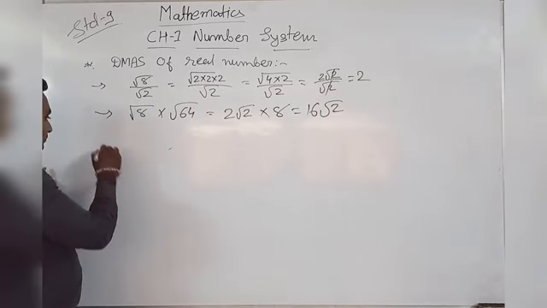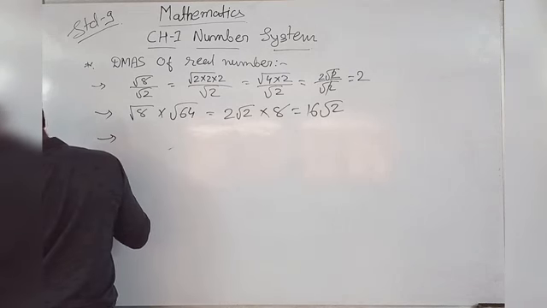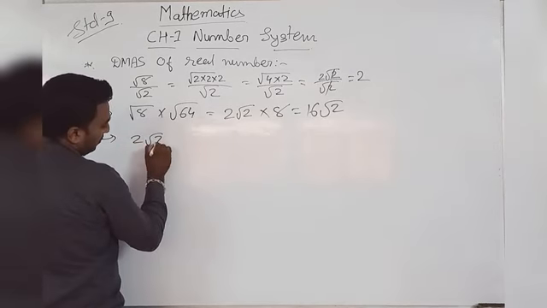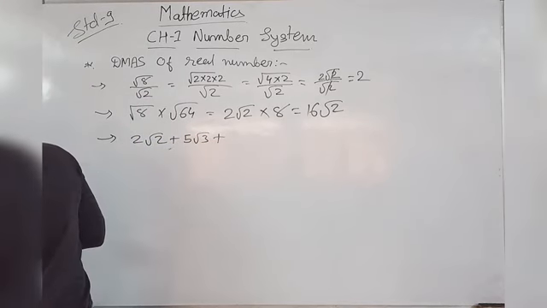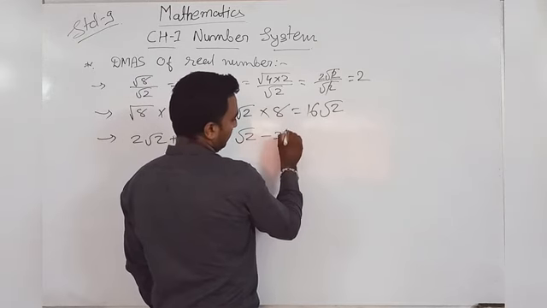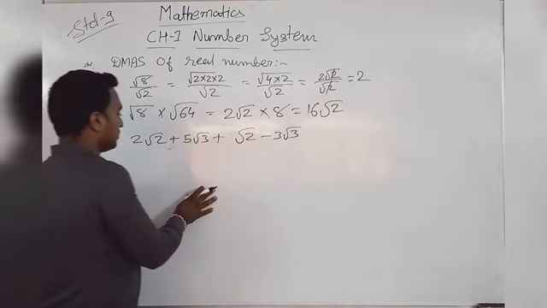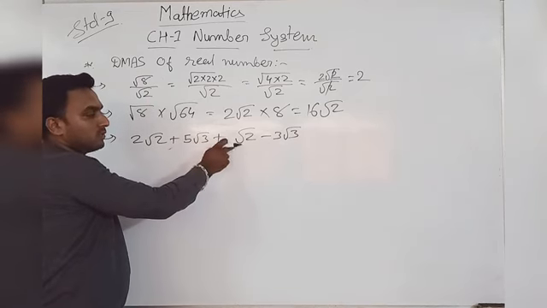Then addition: 2 root 2 plus 5 root 3, plus root 2 minus 3 root 3. Now this is addition. Here 2 root 2 and here root 2, so this is 2 and this is 1 root 2.